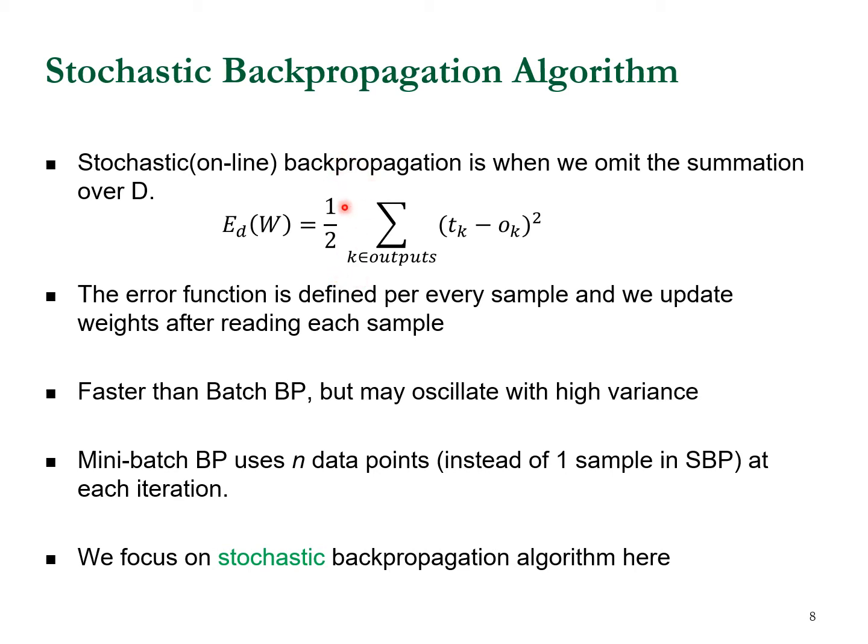But the problem of stochastic backpropagation is that sometimes it may oscillate with high variance. Oscillate means that in stochastic backpropagation, sometimes the error is very big, and sometimes the error is very small, depending on the data. There are many data, so depending on the data, sometimes we have a very high error value, sometimes a very low one.